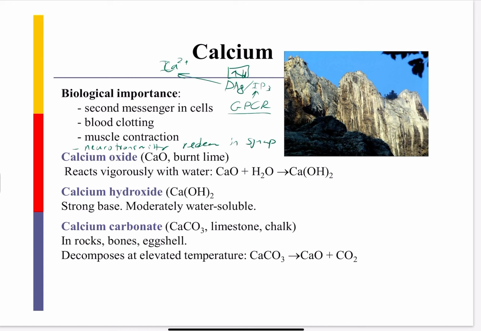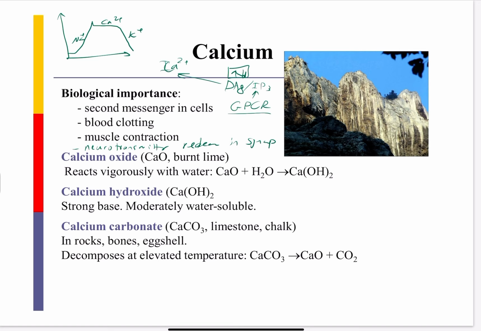For example, in the heart action potential, depolarization is sodium open. Plateau phase, calcium open. Repolarization is potassium open. If you see here the sodium, here is the calcium, here is the potassium. It's very important, the action potential of the heart.